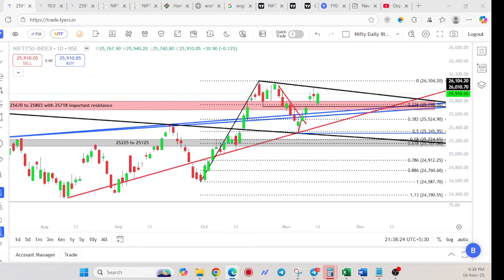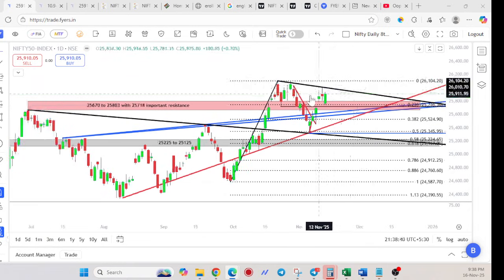Okay, let's get started. What you're seeing currently is the daily chart of Nifty. Earlier we had a supply zone of 25,670 to 25,803, which we comfortably went above.